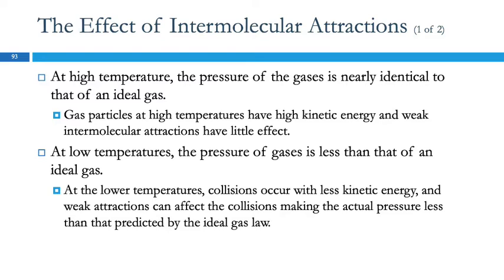If we look at high temperatures, pressure of a gas is nearly identical to that of an ideal gas. Because gas particles at high temperature have high kinetic energy, they're moving fast, and so any attractions they have to each other really don't matter.